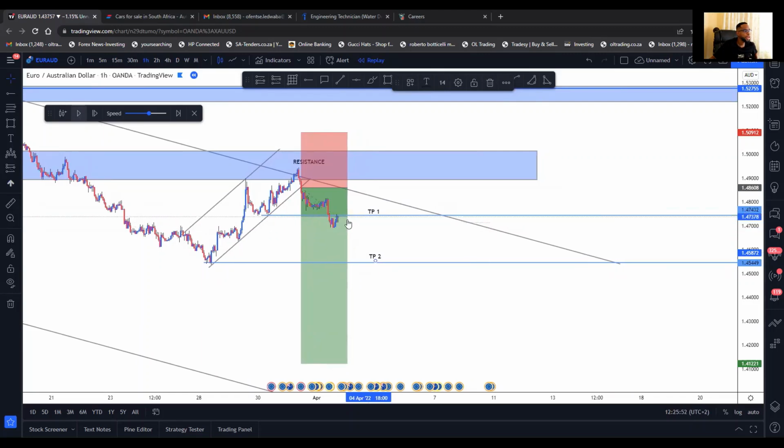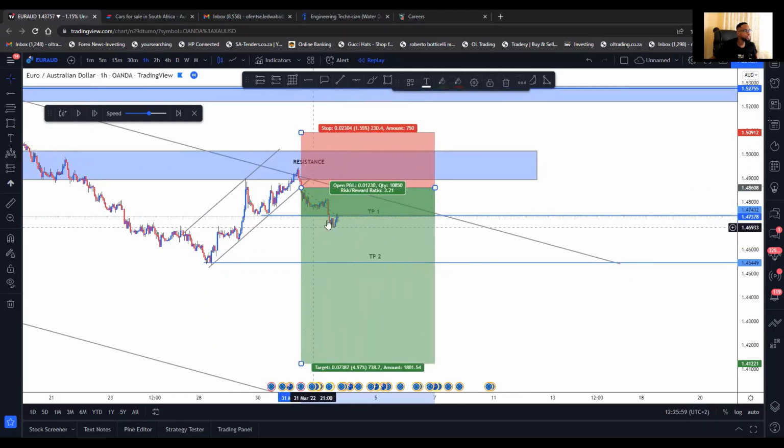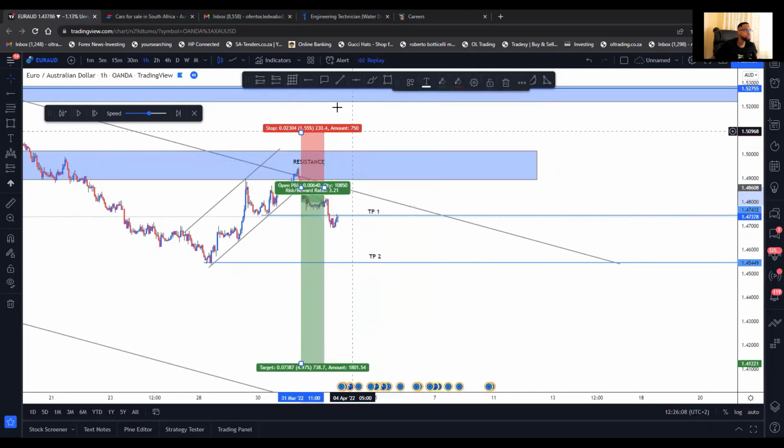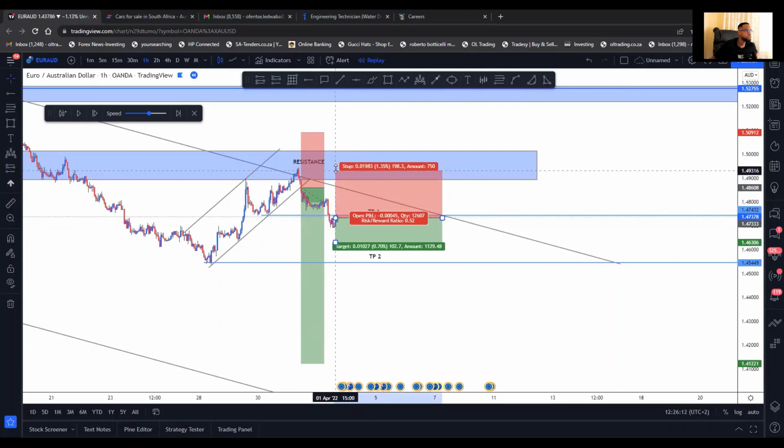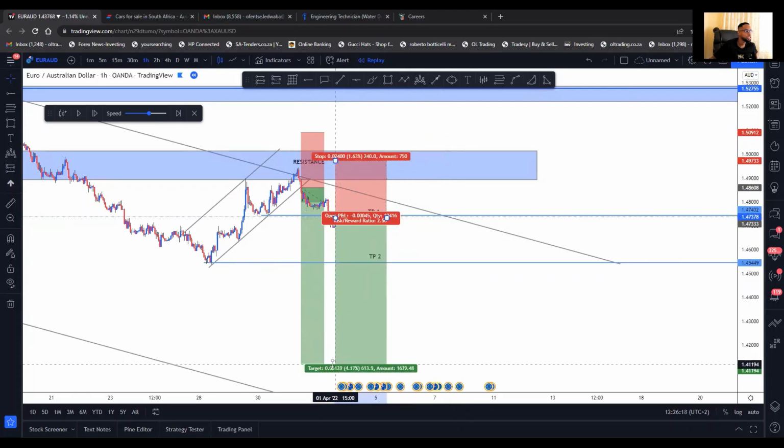So as you can see now, it's forming a bit of a retracement here. You can add more trades because we are still below the resistance. So that's how I'll normally add more. Then my stop loss will be just about here. Add more trades.